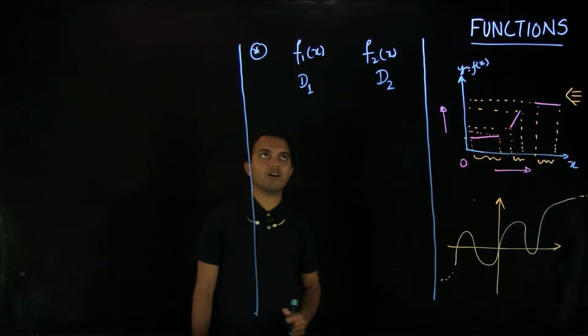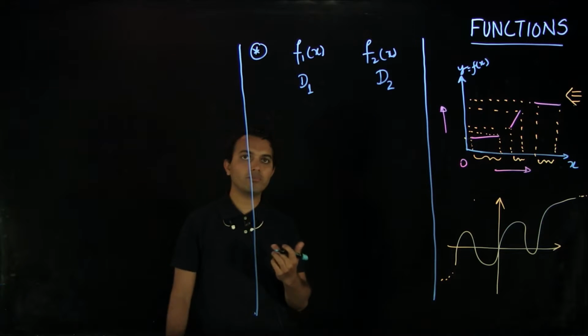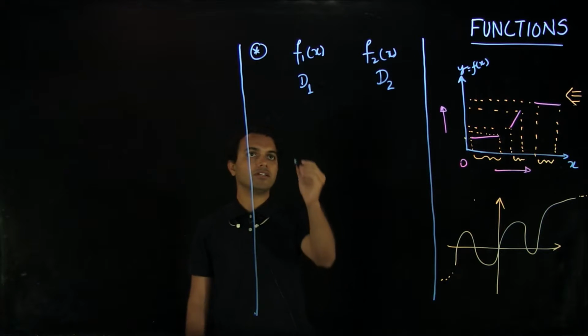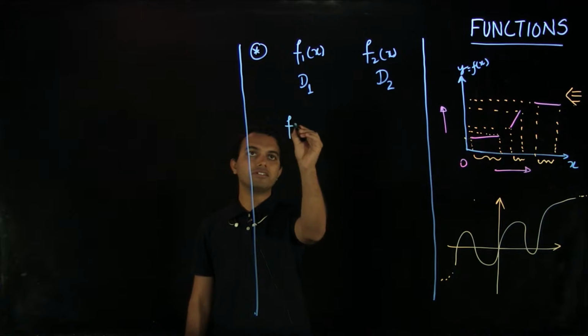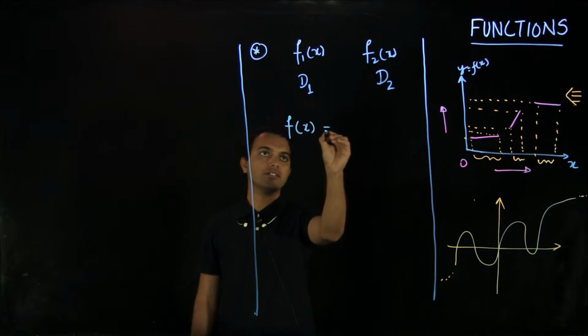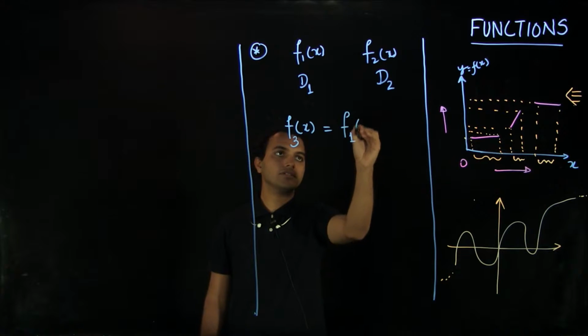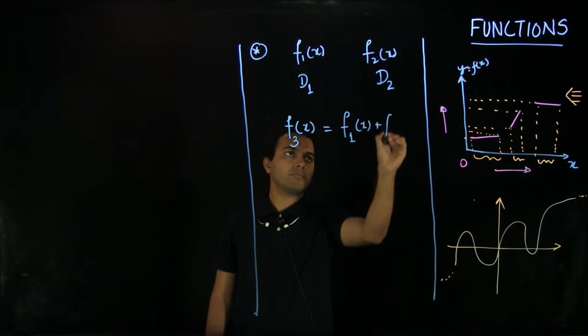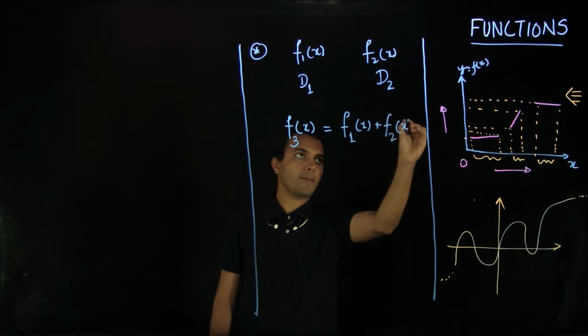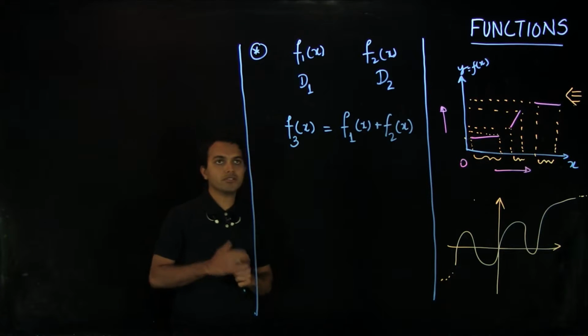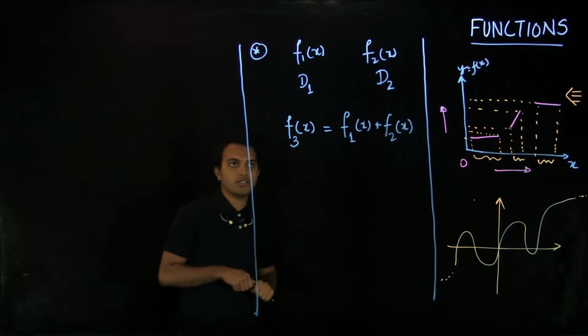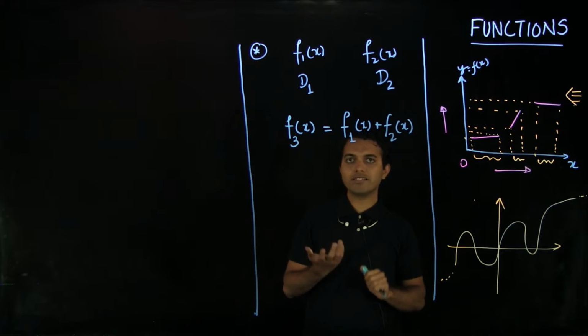So now for these two functions, how do you determine their domain? Let's say we have a function which is dependent on these two functions. Let's call this f3 of x, which is given by f1 of x plus f2 of x. And now you want to find out the domain of this function. So let's think of some examples.